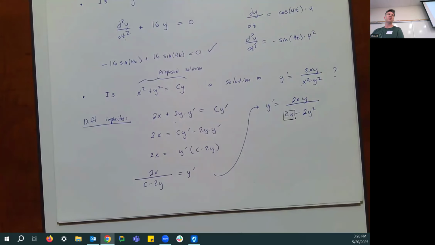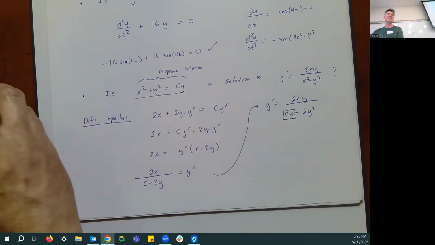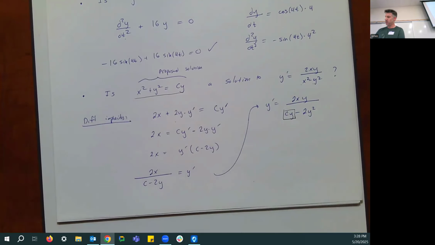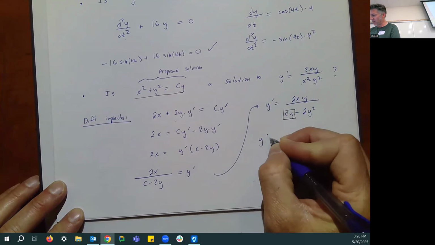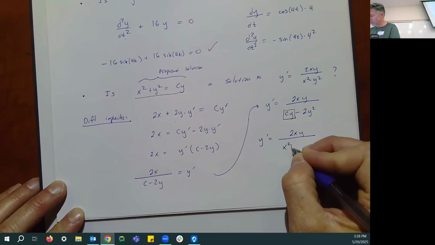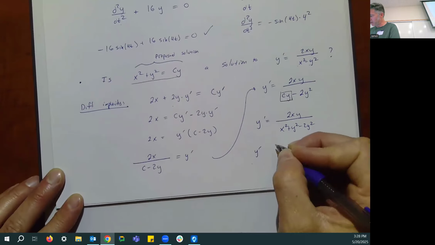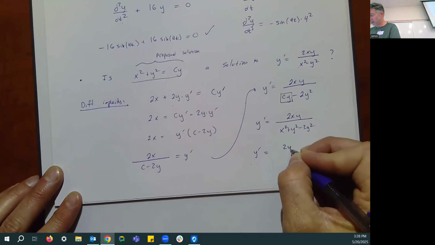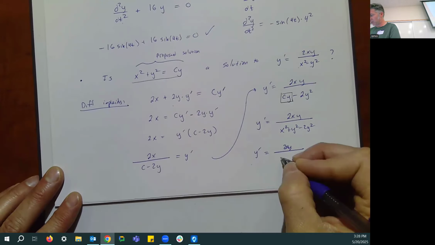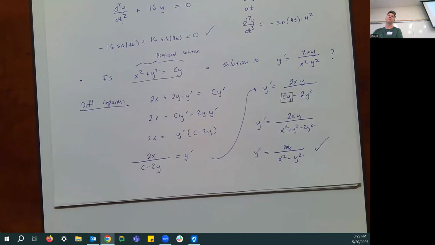These ones are often tricky because you often have to use the original equation to sub back in. Oh, c times y is equal to x squared plus y squared. So this ends up being y prime equals 2xy over x squared plus y squared minus 2y squared. And then y squared minus 2y squared is negative y squared. So we get 2xy over x squared minus y squared, and that checks out.